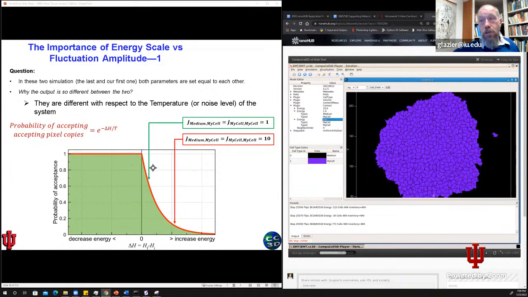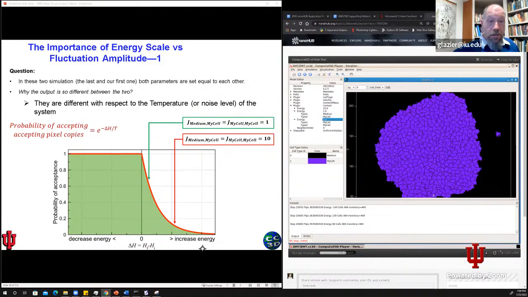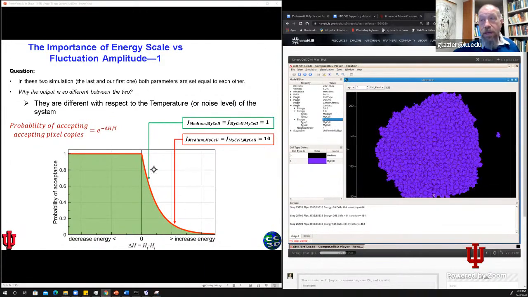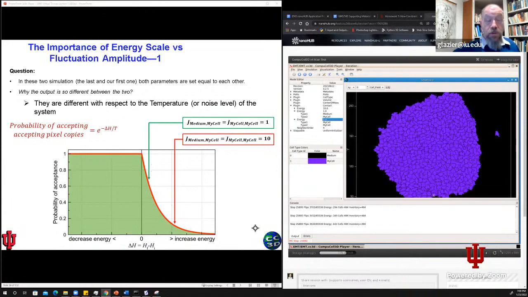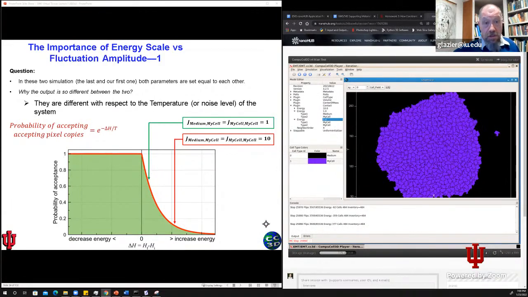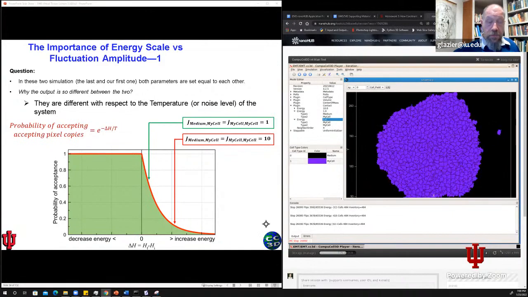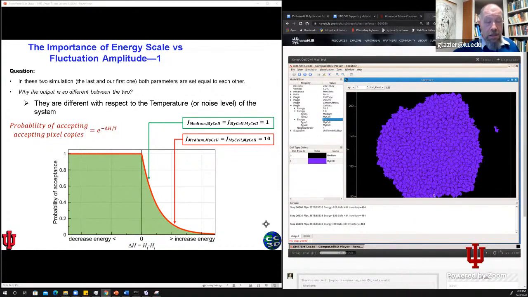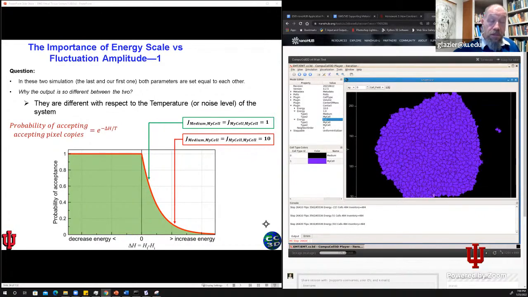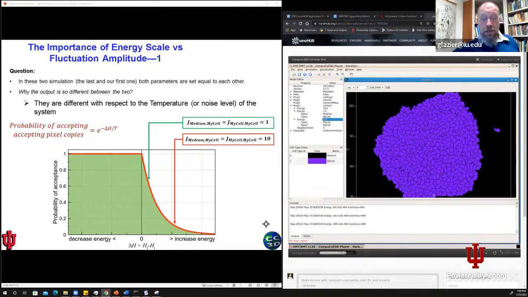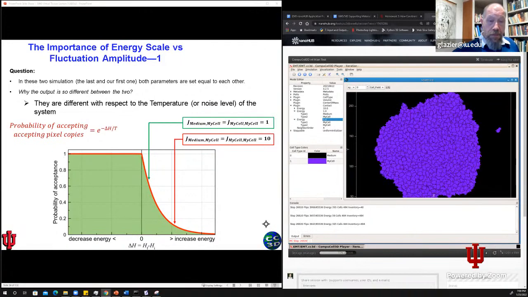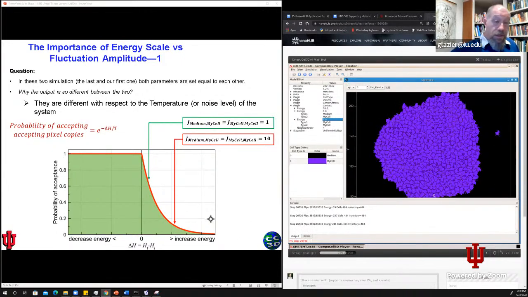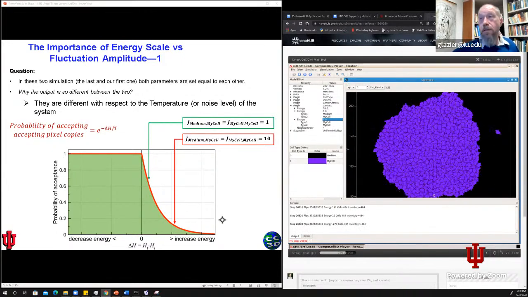If I make a change and I increase the pattern energy, I still may accept it, but the probability decreases exponentially with the energy cost. And this is actually not a bad model of what happens when you have cytoskeletal fluctuations in cells. It's not perfect because the fluctuation spectrum isn't exactly Boltzmann, but that's the same.